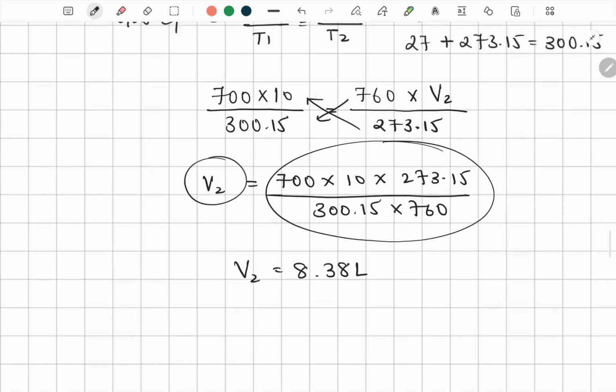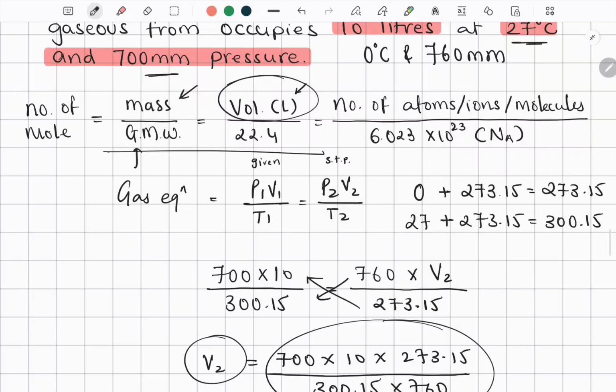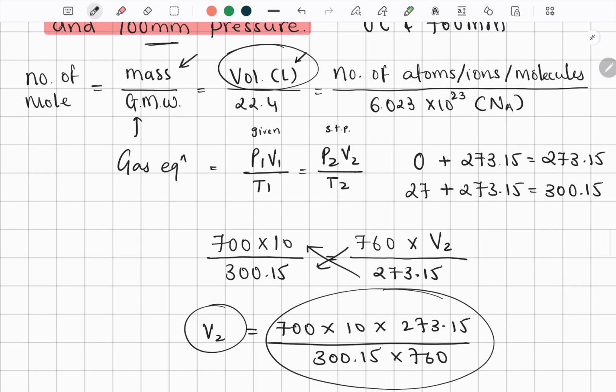Now we know the volume at STP also. So can we use the first and second formula now? The gram molecular weight is known to us, which is 70, and the volume at STP we just calculated, with 22.4 in the denominator. Out of 4 quantities we know 3, so we can now calculate the mass.